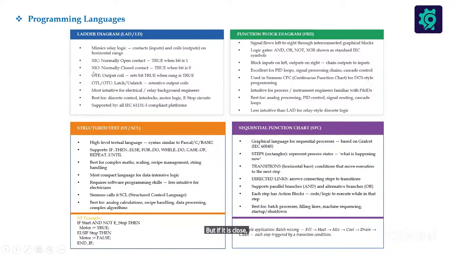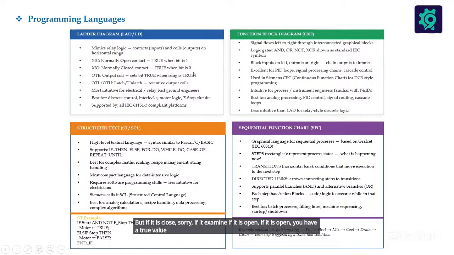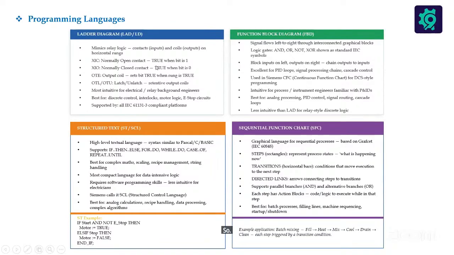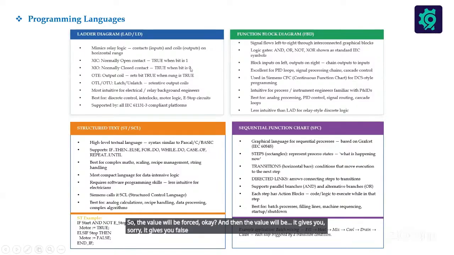If it is open, you have a true value when the bit is 0. That is when there is no actuation. But by the time there is actuation, the value will be false. It gives you a false value when the bit is 1.